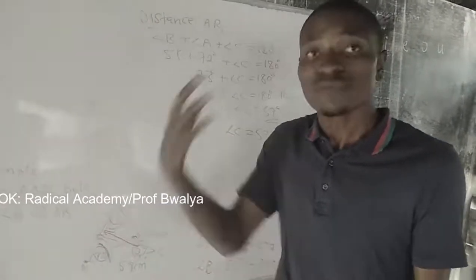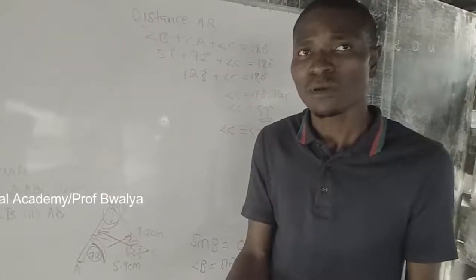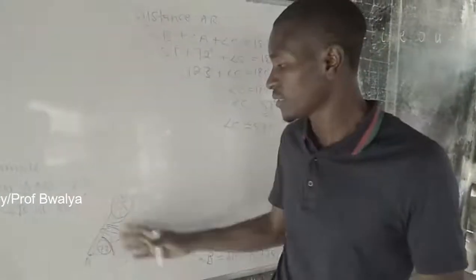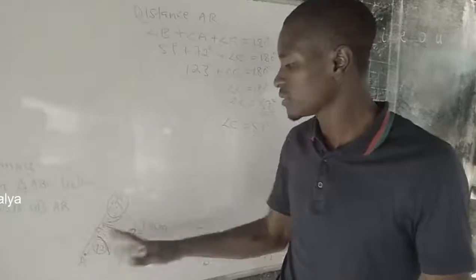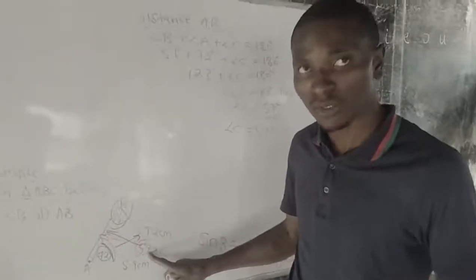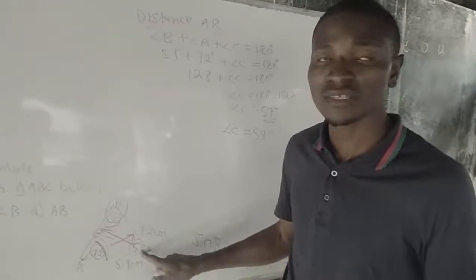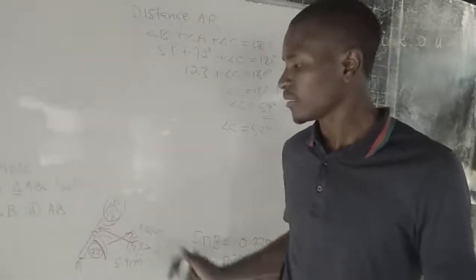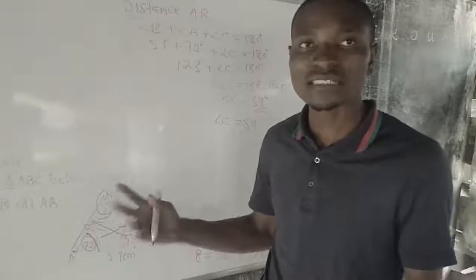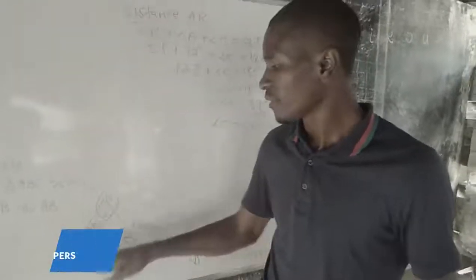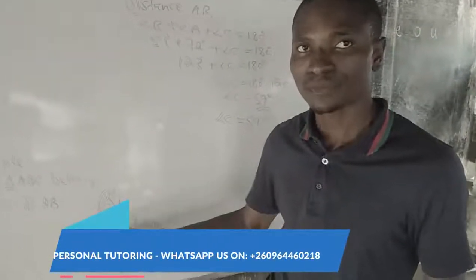You have to think mathematically, okay? Once you think outside the box, you'll be able to figure out how to find angle C just by adding the angles and subtracting from 180. So therefore now we can easily and simply calculate the distance AB.